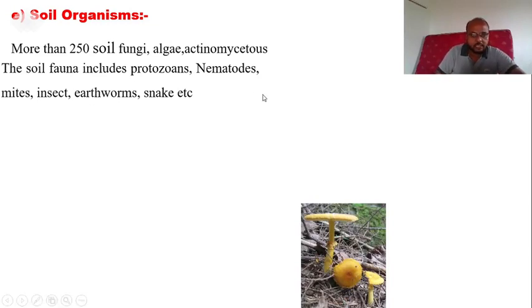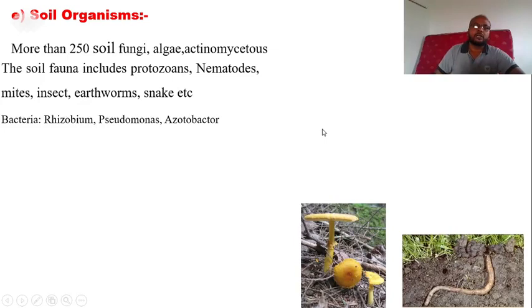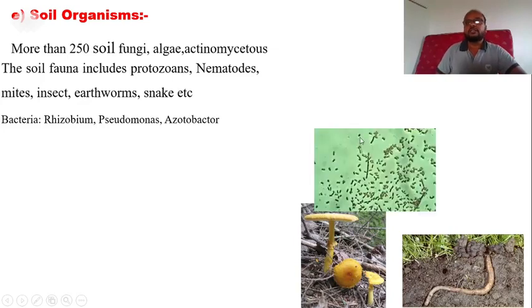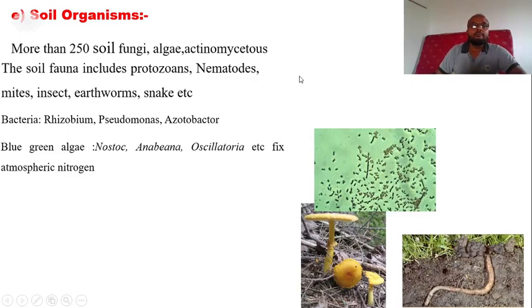The soil has its own flora and fauna, and the fauna includes protozoa, nematodes, mites, insects, earthworms, etc. If you take the example of bacteria, there are Rhizobium, Pseudomonas, Azotobacter, and these bacteria are very important for nitrogen fixation. That means nitrogen is fixed by these bacteria.